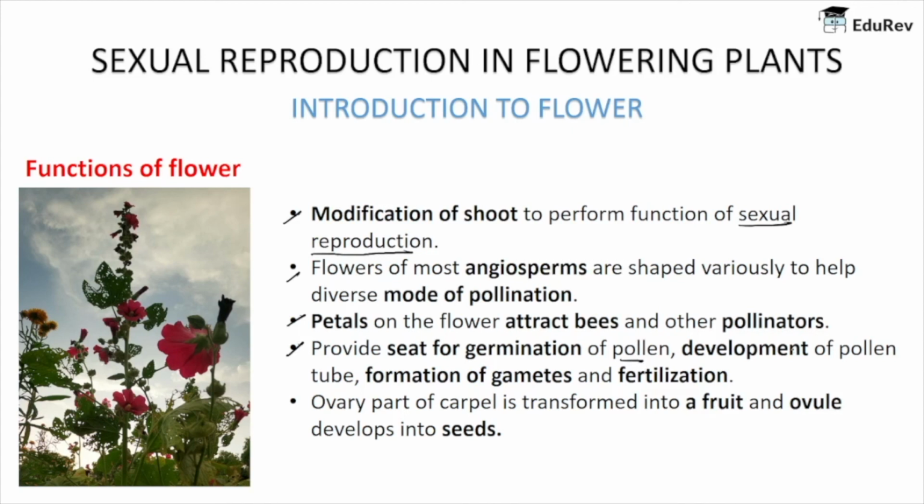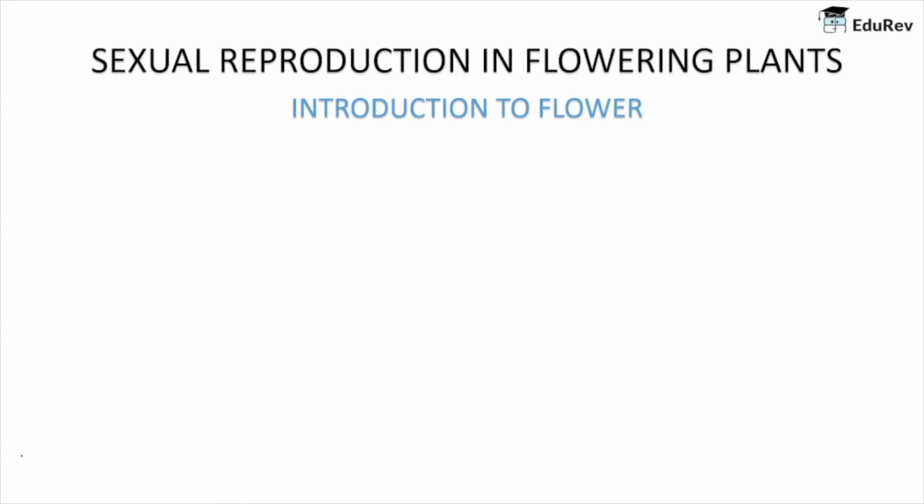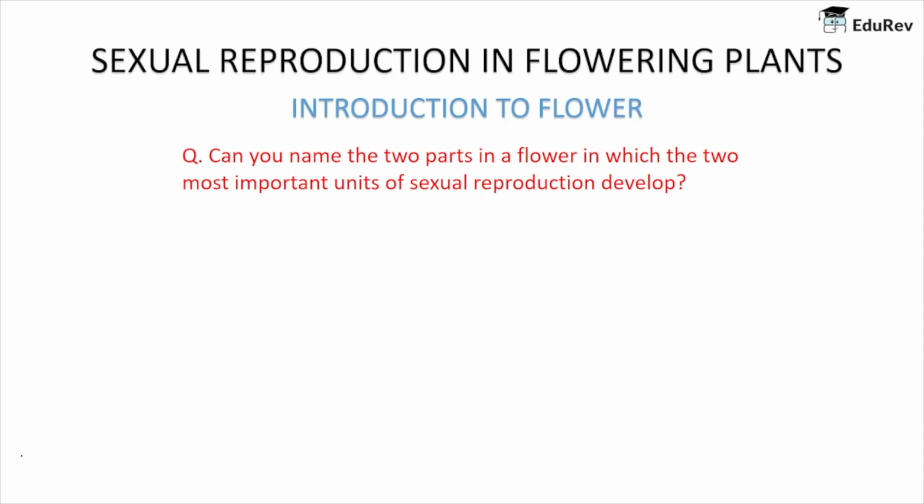Also, they give a site for development of the pollen tube, formation of gametes, and lastly, the fertilization which takes place in the ovary. Next, the ovary part of the carpel is transformed into a fruit, which is a very important point, and the ovule present in it develops into the seed, and from seeds you know that a new plant can be grown.